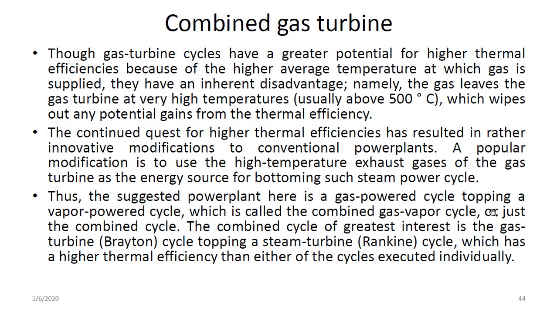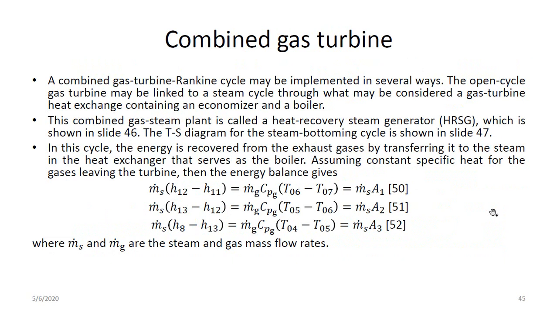Some people have suggested a power plant where a gas powered cycle topping a vapor powered cycle, which is called a combined gas vapor cycle, or just a combined cycle. So the combined cycle of greatest interest is a gas turbine or a Brayton cycle topping a steam turbine, a Rankine cycle, which has a higher thermal efficiency than either of the two executed individually.